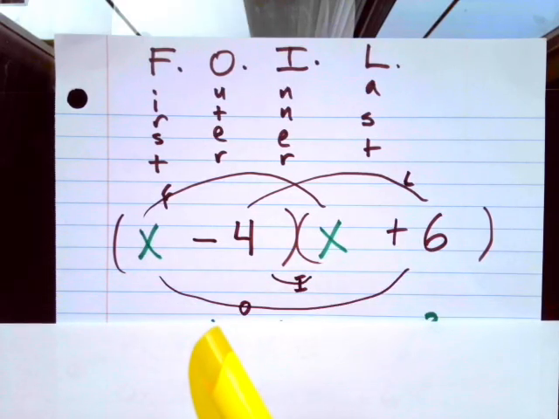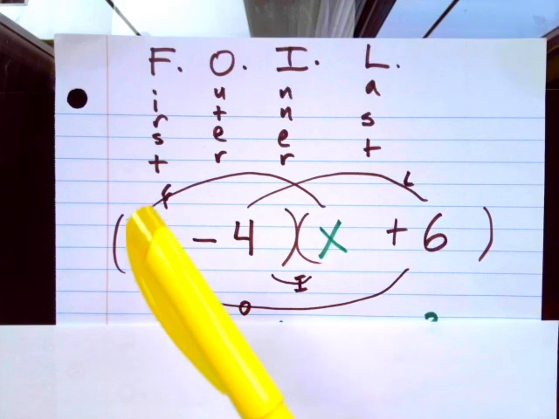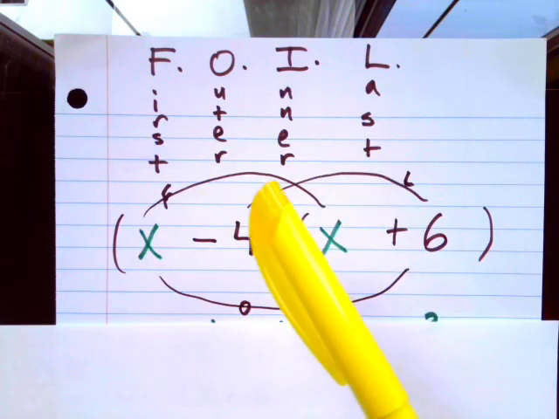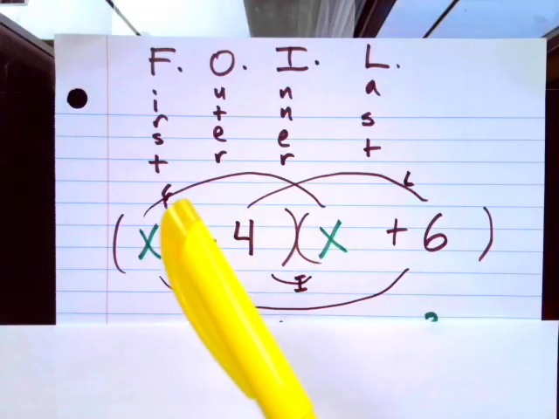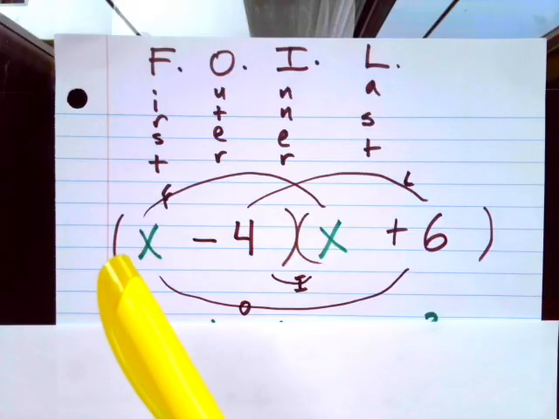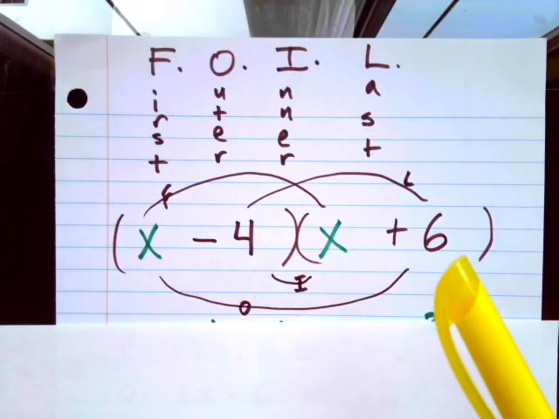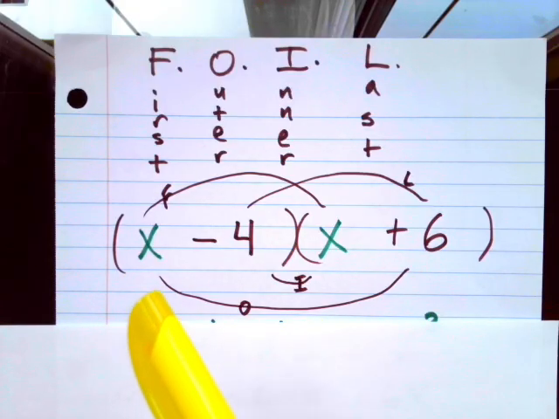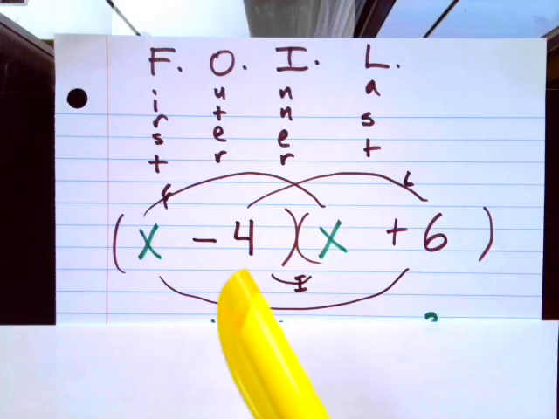But if you need a visualization, you can see this here. First, outer, inner, last. First term times the first term, so I'm going to multiply that x times that x. Outer term, x times that positive 6. Inner term, negative 4 times the x.